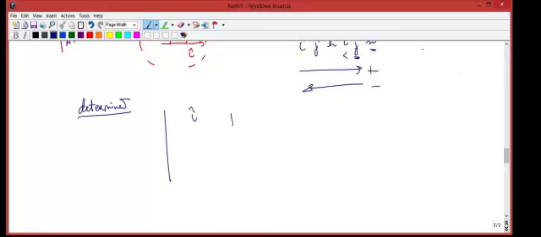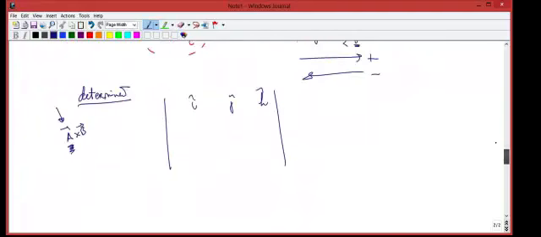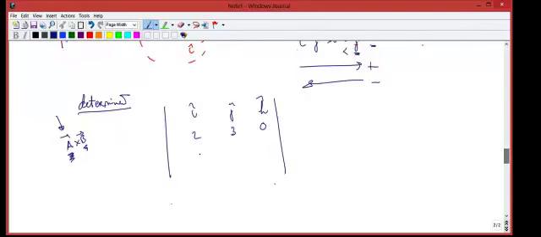You're going to put your ijk on the first row of a matrix. Let's say if you calculate A cross B. A will go second because it's the first one. So you're going to put the components of A. For us, it was 2 and 3. So 2, 3, and then 0 because it has no k. Then you're going to put B, which was 1 and 4, and then 0.